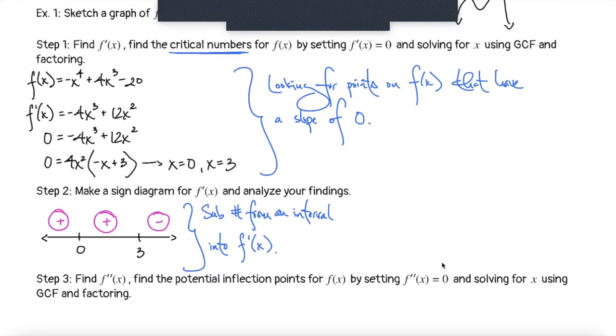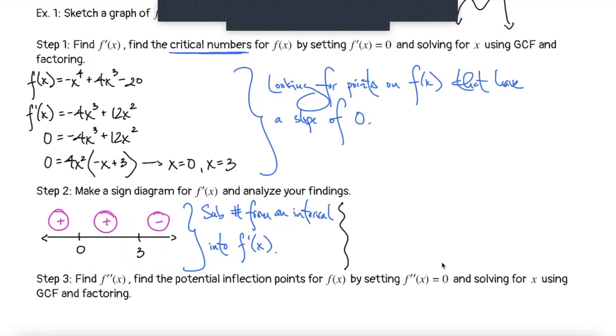So we used our findings from step 1 so that we could have an equation to substitute things into. And now we need to do the analysis part. And when I say analysis, what I mean is I'd like you to tell me what kind of point x equals 3 is and what kind of point x equals 0 is.